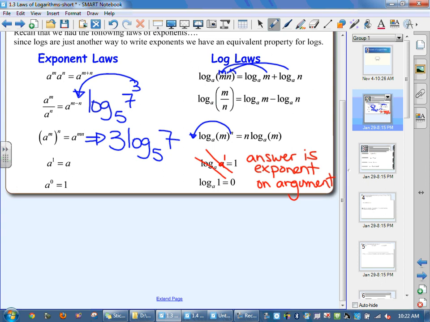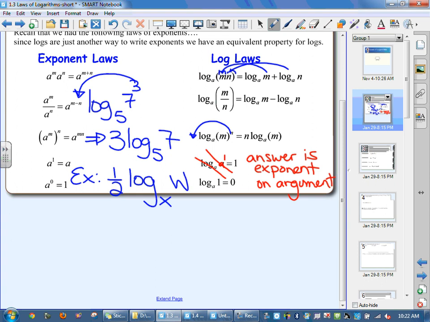If I'm given it with the number or variable out front of log, I can put it back as an exponent. So let's see how I would do that. Here's another example. Let's go with 1/2 log base x of w.